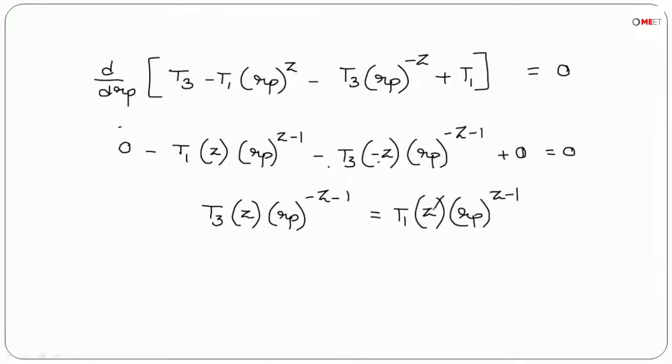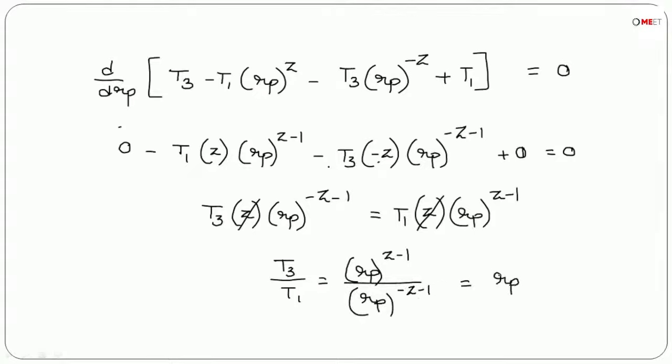So z gets cancelled, and from this we can write T3 by T1 is equal to Rp to the power z minus 1 by Rp to the power minus z minus 1. So taking this to the numerator, this becomes Rp to the power z minus 1 plus z plus 1.